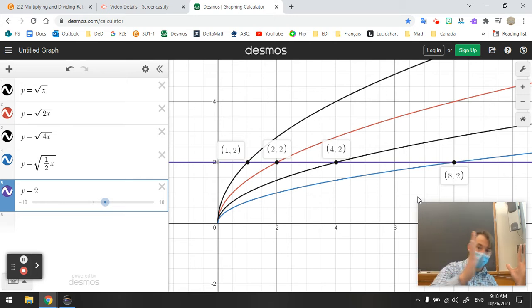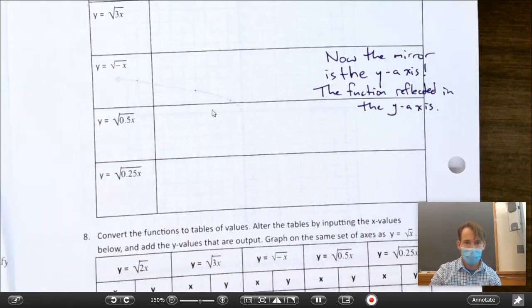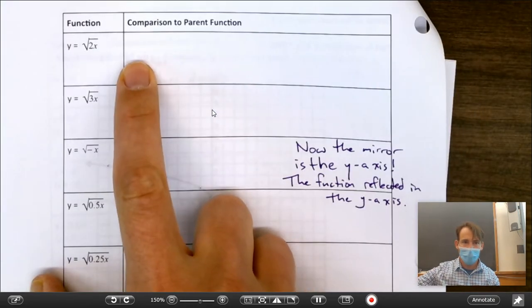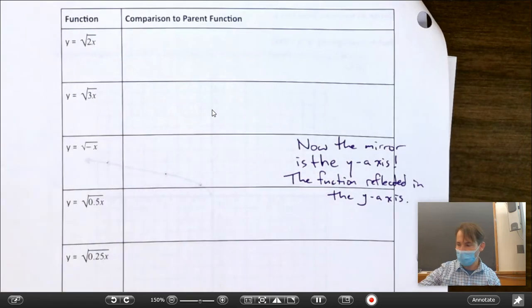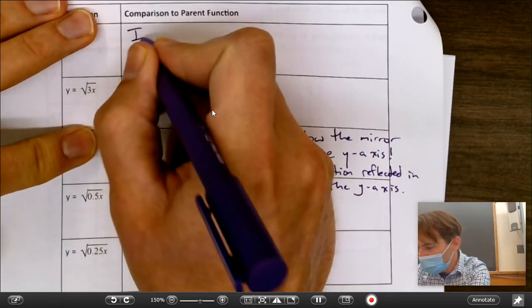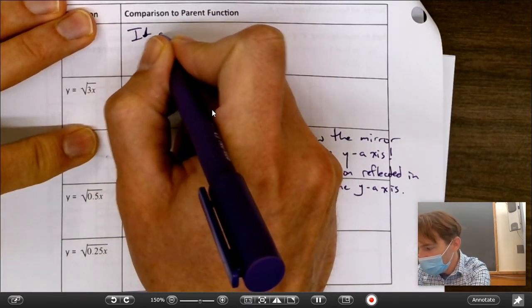Big values of k were pulling it towards the y-axis. So it stretches horizontally, but k is like increasing the gravity of the y-axis and pulling things, compressing them towards the y-axis. So when you are making your observations here, you might say, well, when we had a k of 2x, you might say it got taller, which is true.